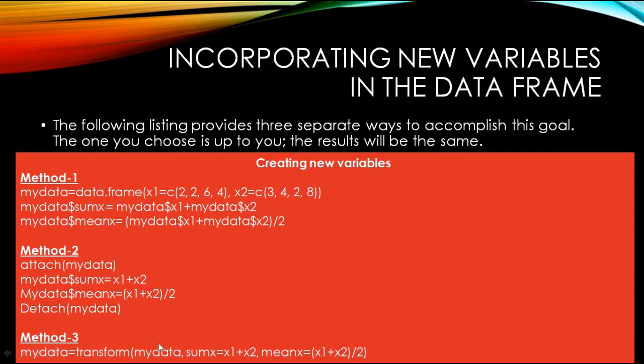Reason being, R will not recognize that x1 and x2 are a part of the data frame called mydata. So these x1 and x2 technically would be orphaned, so you have to associate them with the data frame called mydata.